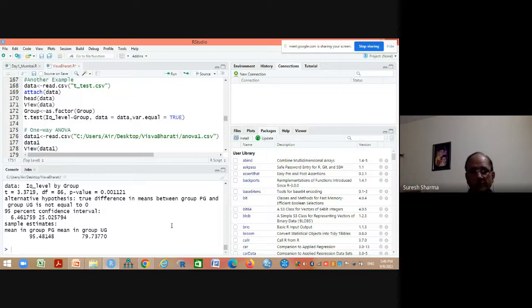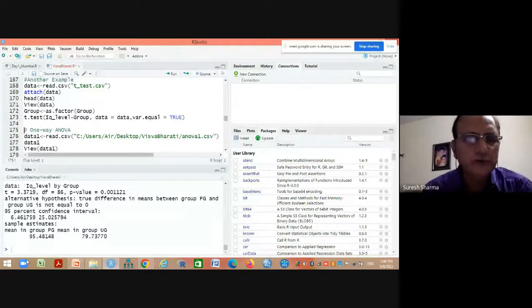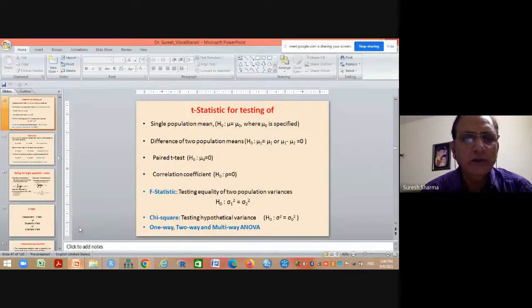But if there are more than two, say three populations or four populations or five populations, you cannot apply the t-test. Not at all. Then we have to go for what is called one-way ANOVA. So let me go through the theory of one-way ANOVA and then you will be more clear.